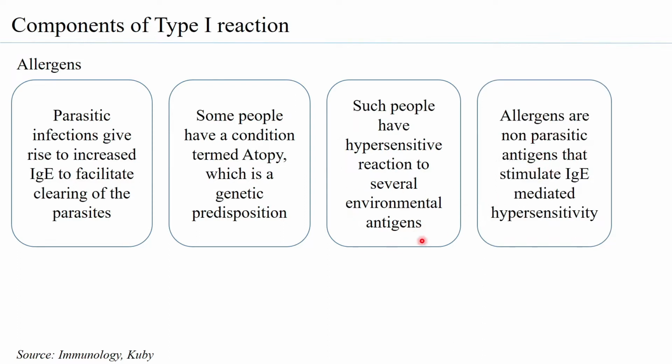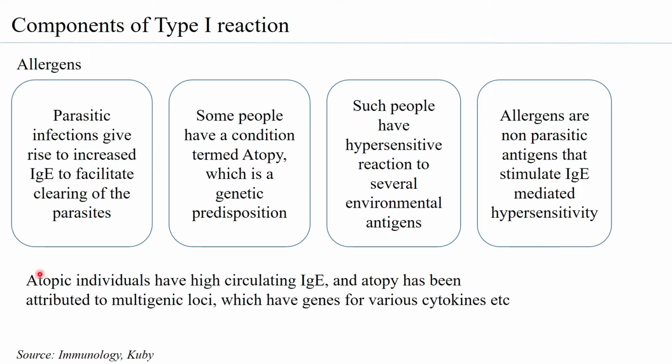So these are environmental antigens that stimulate IgE-mediated hypersensitivity. It could be dust, pollens, food, for example nuts or seafoods, or a drug. Any of these can lead to a hypersensitive condition.